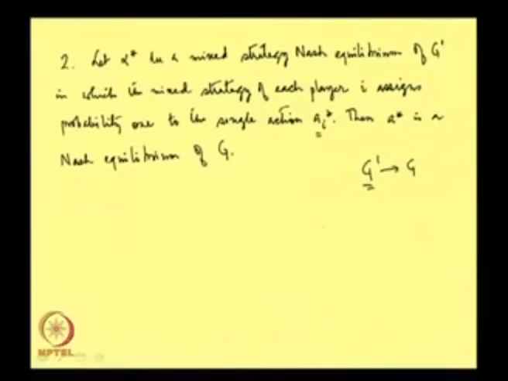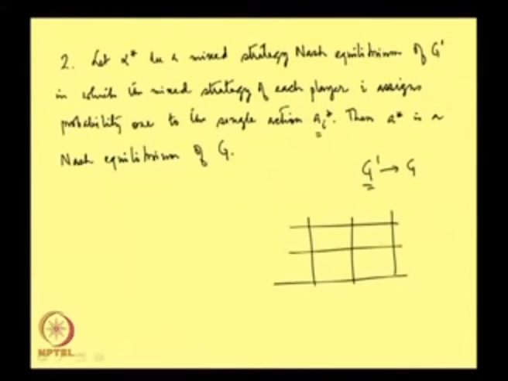So this idea can be elaborated further and this idea can be seen from the following example that we have seen before. This is the familiar prisoner's dilemma game. So each player has two actions.